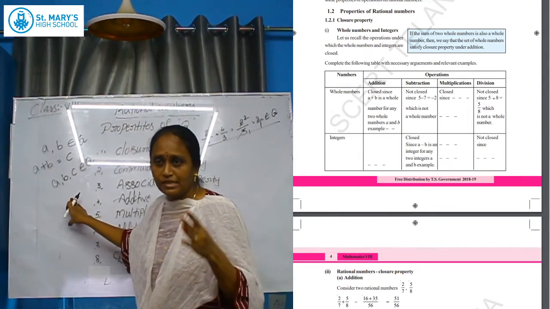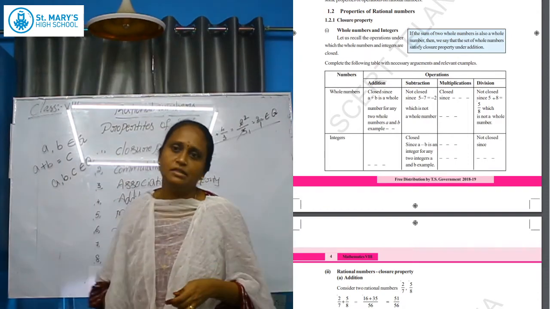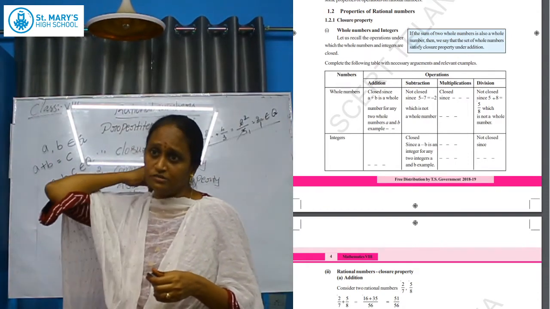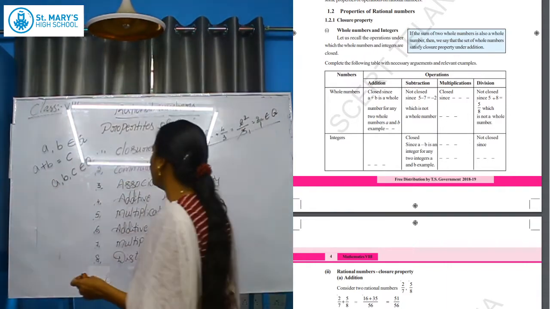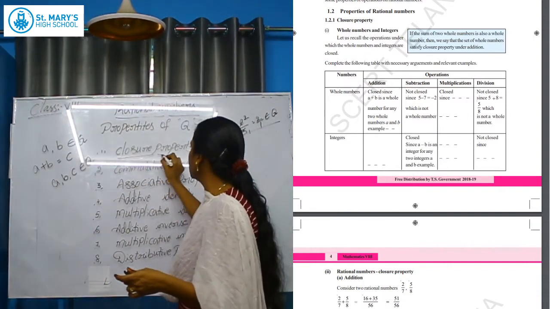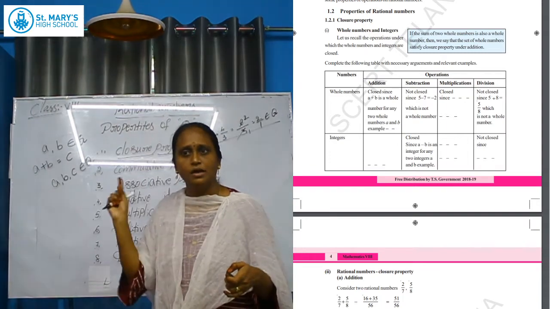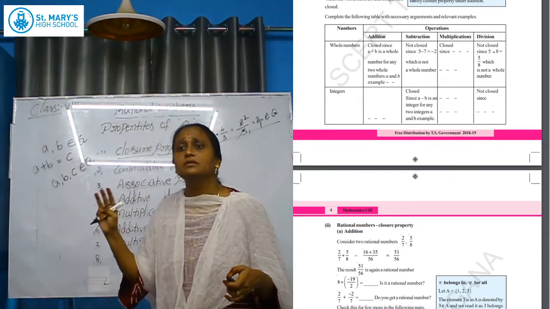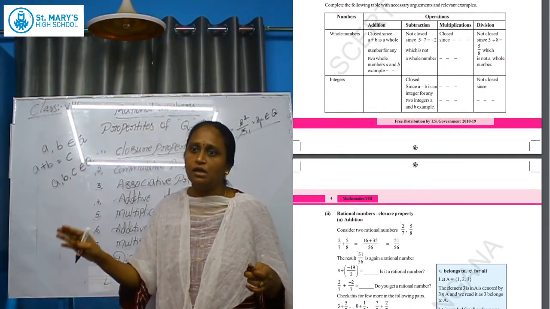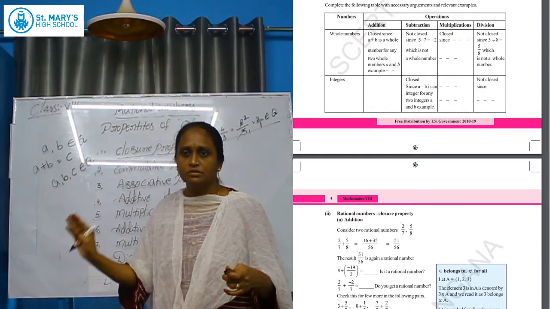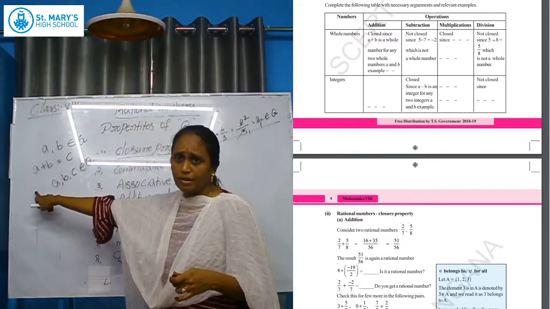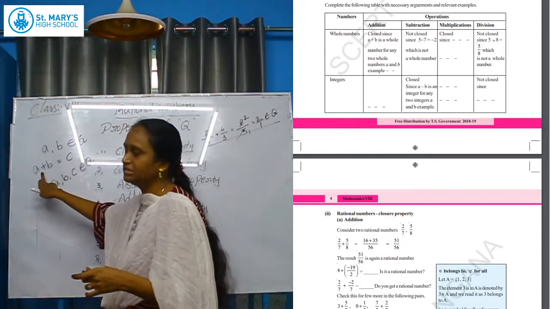We did the table form also last year. So we can apply the closure property for addition, subtraction, multiplication, and sometimes division also. So this is about the closure property. What is the closure property? In general form, it is in addition.